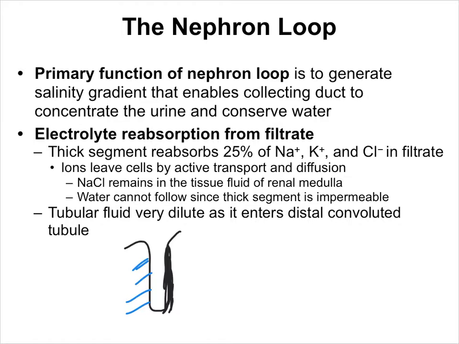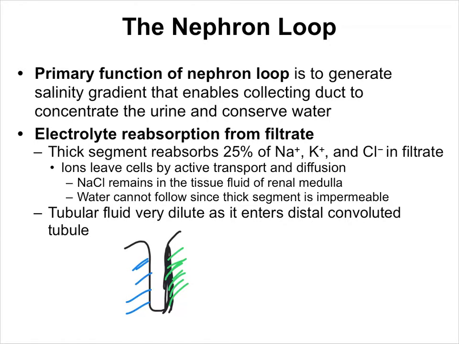On the ascending side, you're going to be actively transporting salts out. We'll do the salts in green. And since you're actively transporting the salts out, it doesn't matter how thick the cells are, because they're being kicked out using energy.